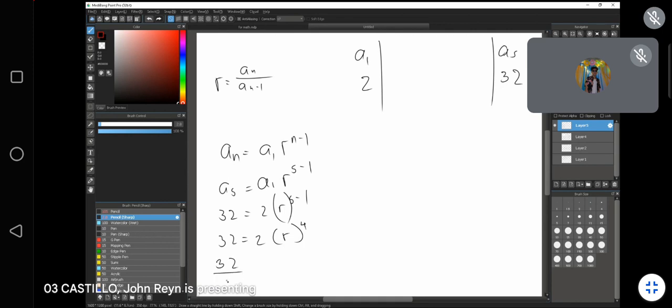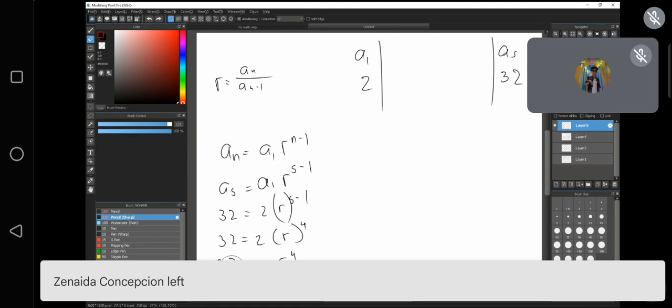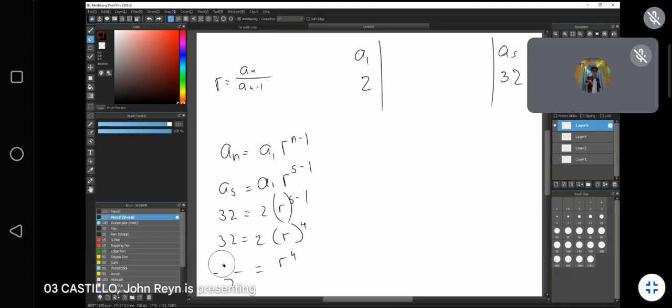So 32 divided by 2, and write 2r raised to 4 over 2 on the right side. Don't put the over 2 yet, because they might get dizzy. Write 32 over 2 equals 2r raised to 4 over 2.